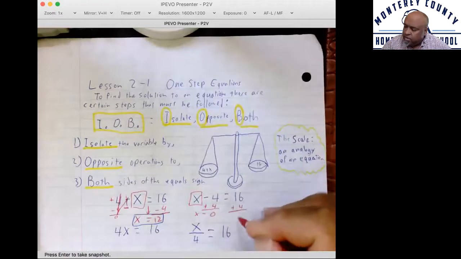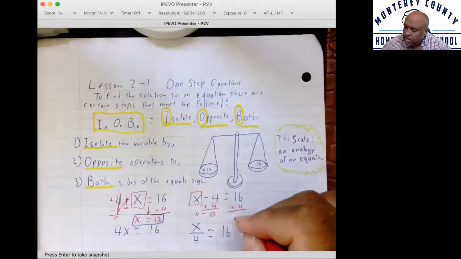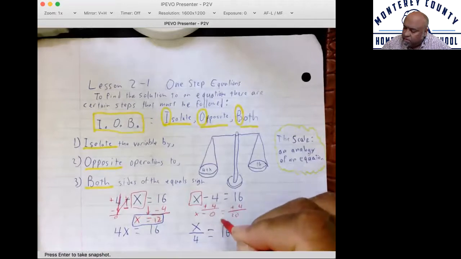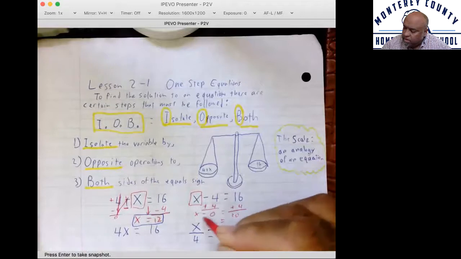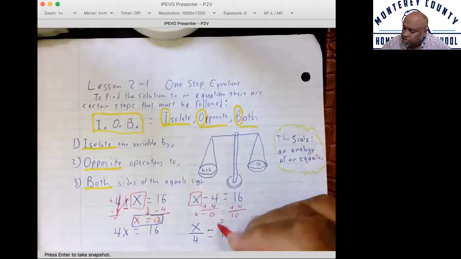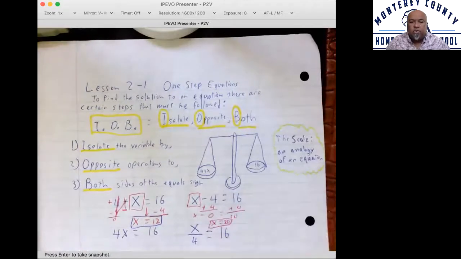So 16 plus 4 is 20. So now I rewrite my equal sign. So x minus 0 equals 20. So I can write this answer, x equals 20. I wrote 10, I apologize. There's your answer, x equals 20.